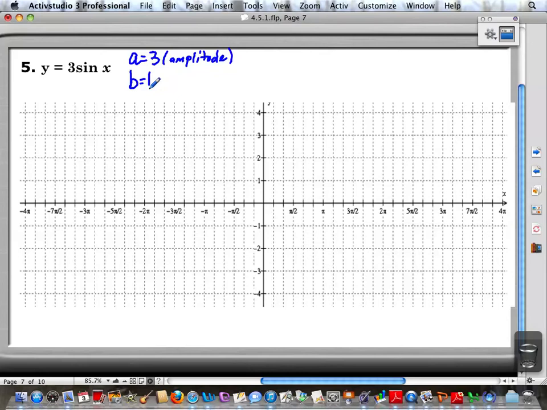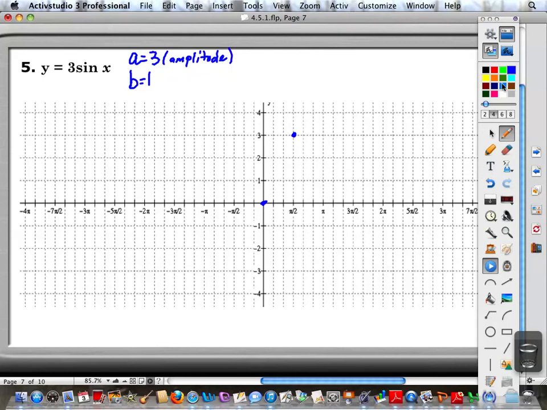Since it's a sine function, if I put in 0 for x, the sine of 0 is 0, times 3 still gives me 0. But when I go to pi over 2, instead of being at pi over 2, 1, like the original graph was, the sine of pi over 2 is 1, but now I'm going to multiply it by 3. So I'm way up here.